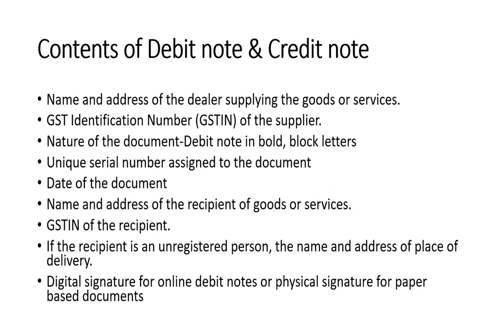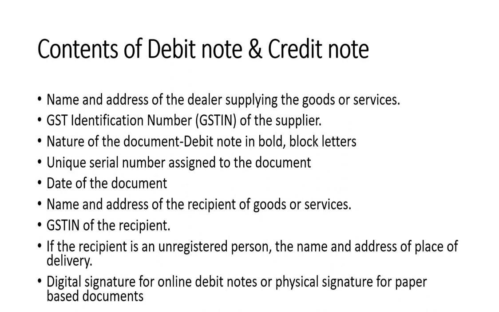Then the nature of the document, that is the debit note, must be clearly written in bold and block letters as a debit note, and it must be serially numbered. For one financial year, it must be serially numbered. Then from the next financial year, it can start from the first again. Then the date of the issue of the document should also be mentioned there.